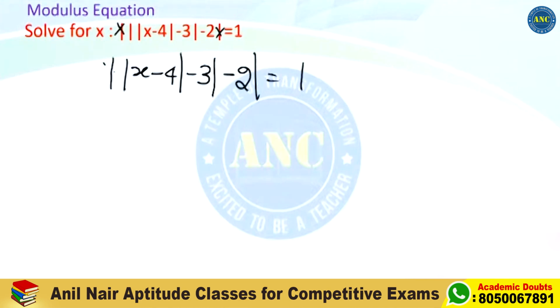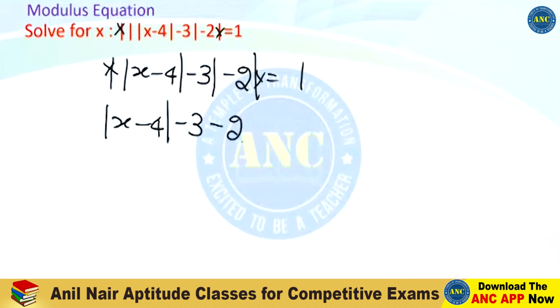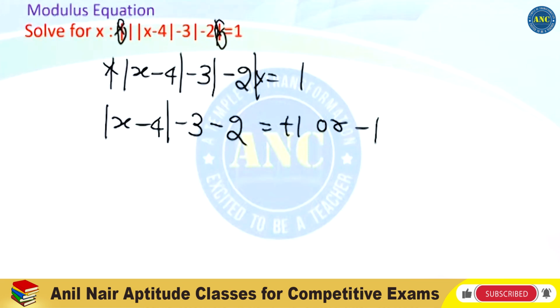So if I remove these modulus, mod of mod x minus 4 minus 3 minus 2, this I removed, this I removed. So here one more box is there. It is nothing but plus 1 or minus 1.